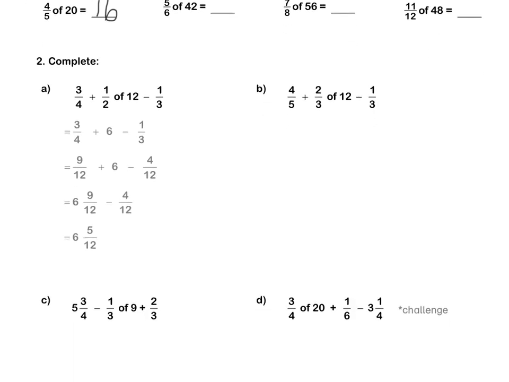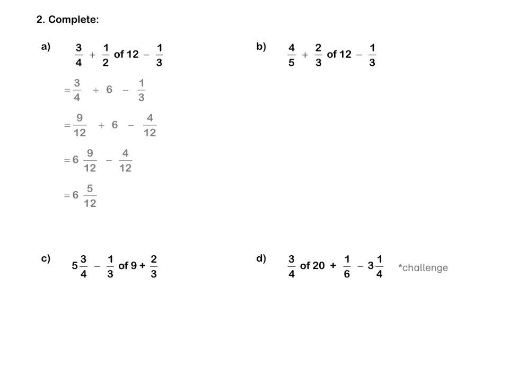Question 2. We have mixed operations. Remember, plus and minus separates terms. So, we have 3/4 plus a half of 12 minus a third. So, working from left to right, we write down our 3/4. A half of 12 is 6. Then we need to minus a third.